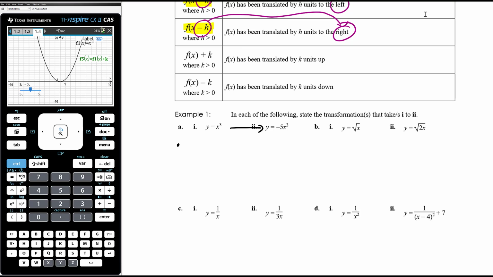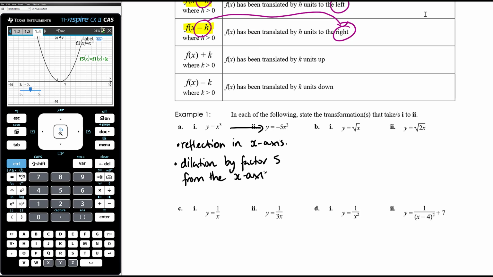There's the negative out the front, which is reflection in the x-axis. Okay, and then there's the 5, which is dilation by factor 5 from the x-axis when it's outside of the function. Okay, so 2 transformations.